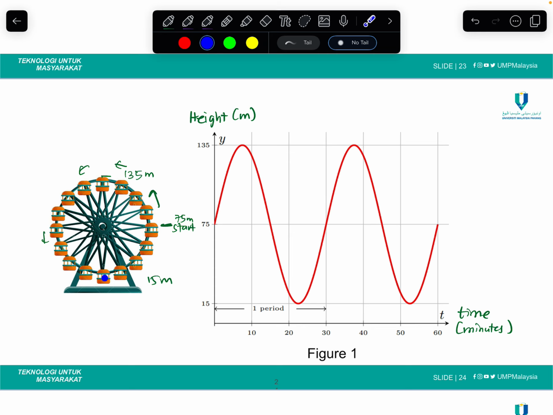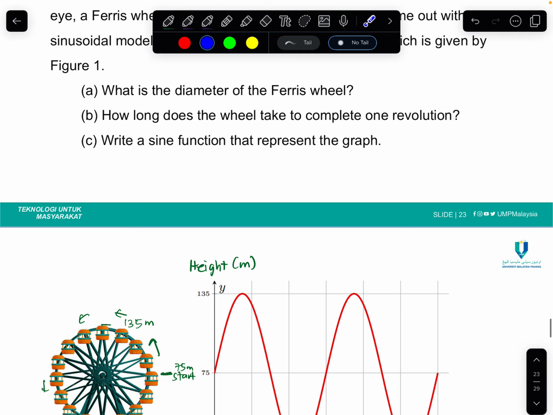When she reaches here, she will go up again until it reaches the starting value. So this is one cycle before it goes back to its original position. Then she continues to repeat the same heights again. So that is the situation.